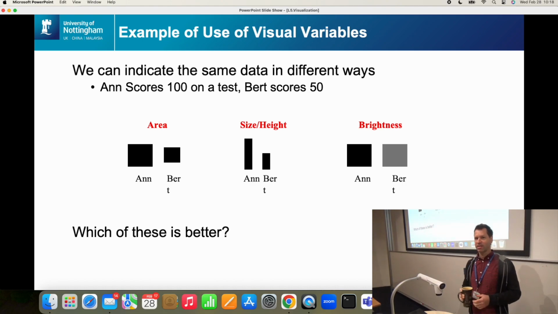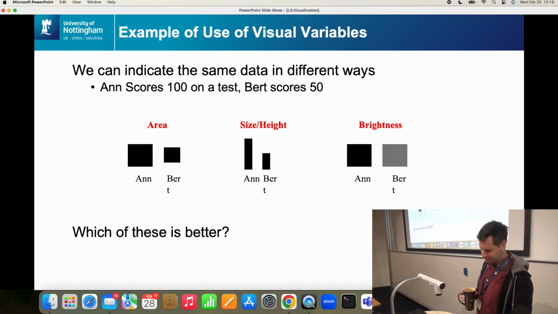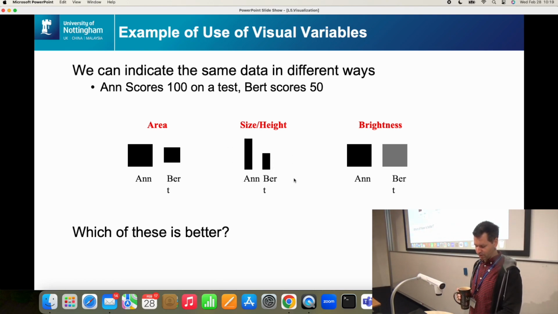Right, and you'd ask them these questions, and you'd ask maybe 50 different people, and then you'd measure their accuracy and their response time to find out the answer. But in this case, from previous experience, we know a good choice is the bar chart here for those kinds of comparisons.